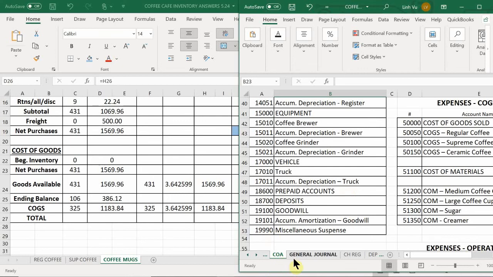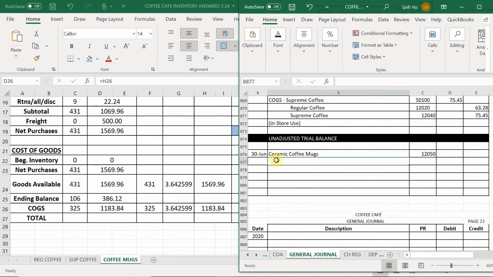Good. COGS, which is account number 50150. Good. What else are we going to be recognizing?